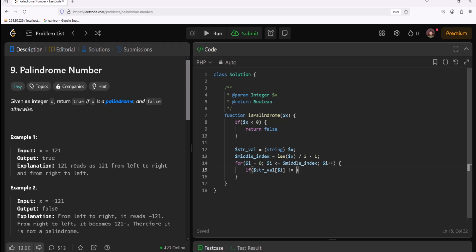Let me check something. We can do something like, if not equal, return false, and then I forgot the semicolon.